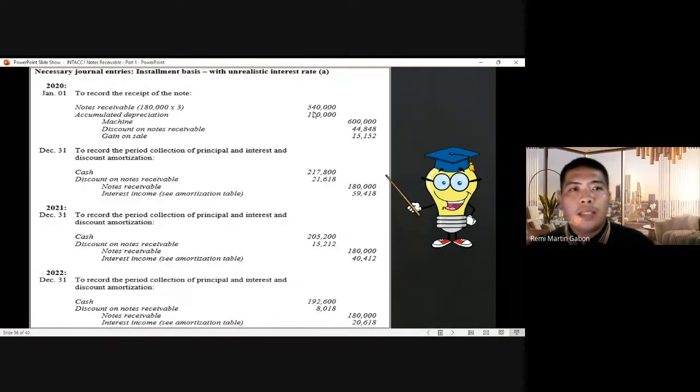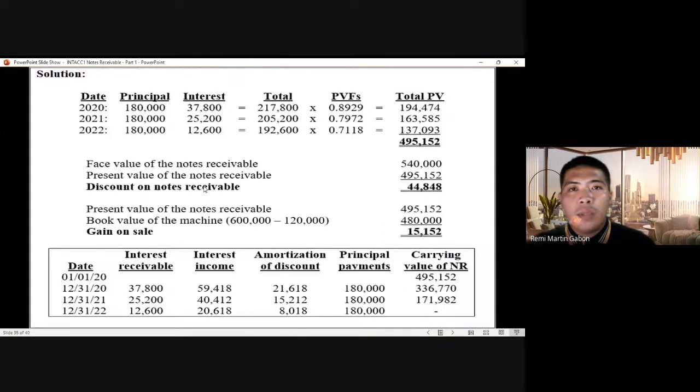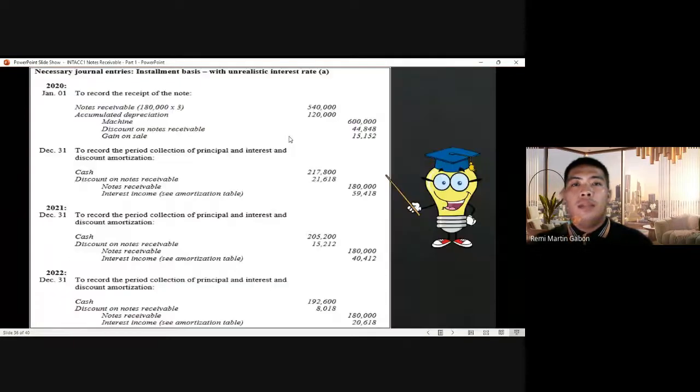Accumulated depreciation, 120,000. Then to record the periodic collection, there's no IC here. What is this? Periodic collection of principal and interest and also the discount amortization. So where is the 217,800? It's this one.